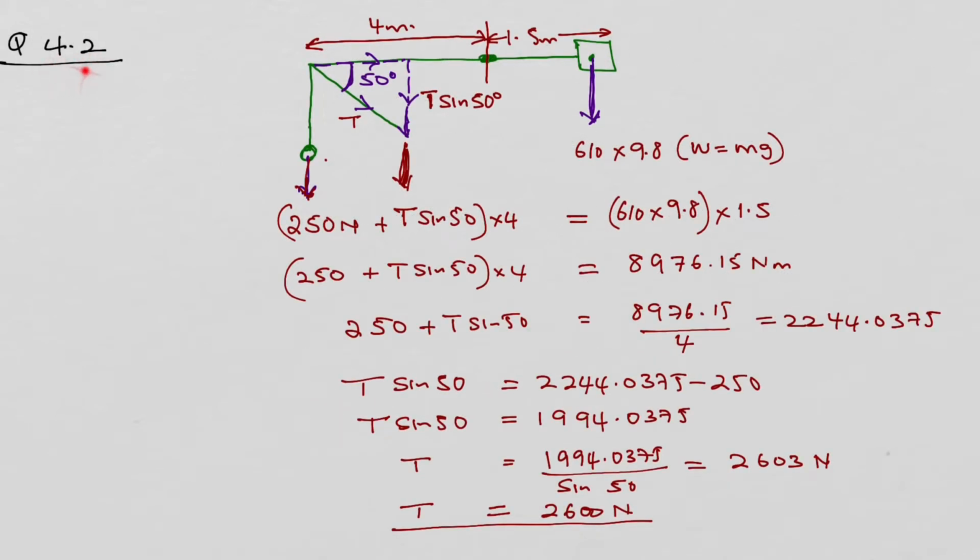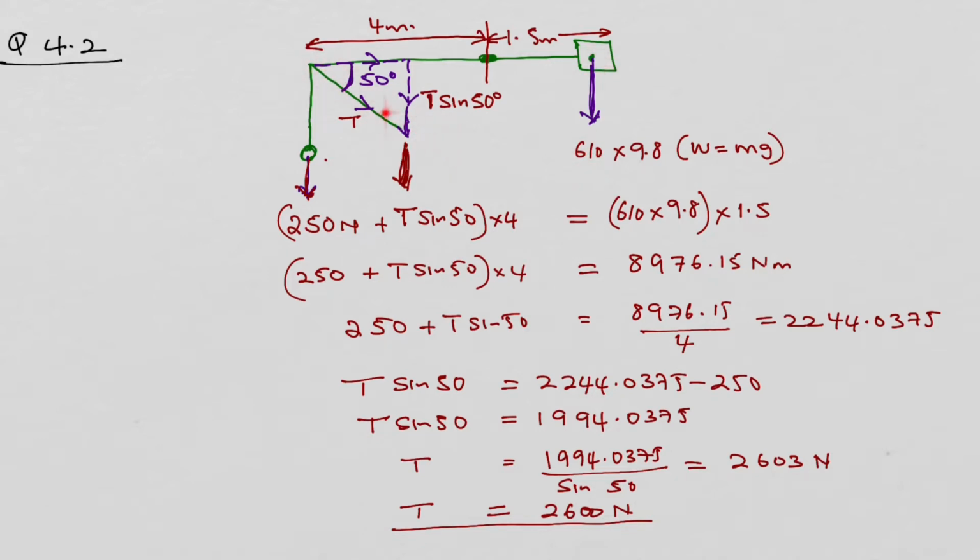Question 4.2. The stones in the counterweight have a total mass of 610 kilograms and the projectile weighs 250 newtons. So here's the projectile, that's 250 newtons, and the stone here, that's 610, and this is the tension in the rope.